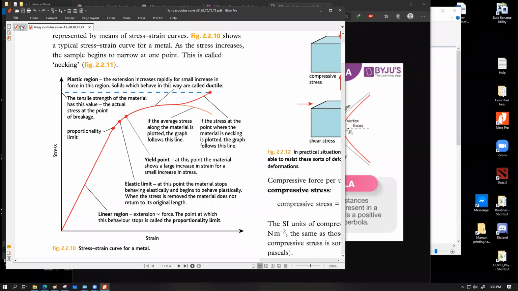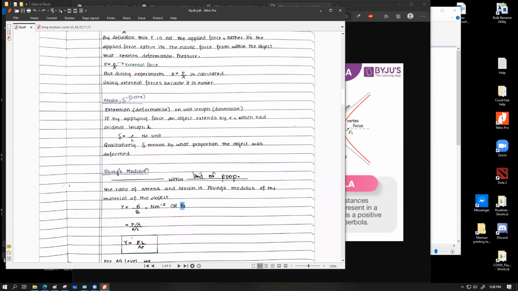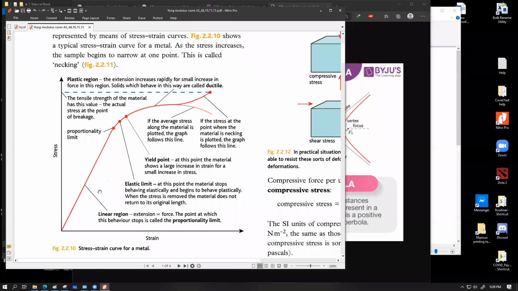Exactly, different. Precisely. That's exactly why this was the part over here. Young's modulus is applicable within the limit of proportionality, which means as long as your graph behaves as a straight line, your idea of Young's modulus is applicable. The moment the graph starts to take a curve, you cannot measure the actual limit of proportionality from this thing. Young's modulus of a material is definable or measurable within the linear portion of this graph.